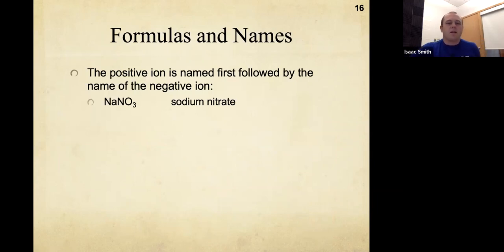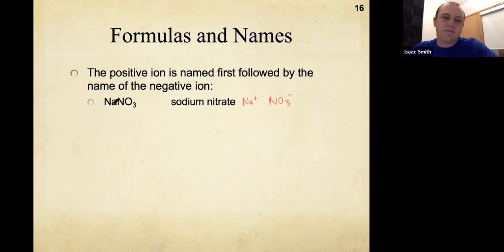These polyatomic ions are going to be mixed in with ionic compounds. We know that nitrate, which you'll memorize, is NO3-, and that sodium forms a positive 1 ion.